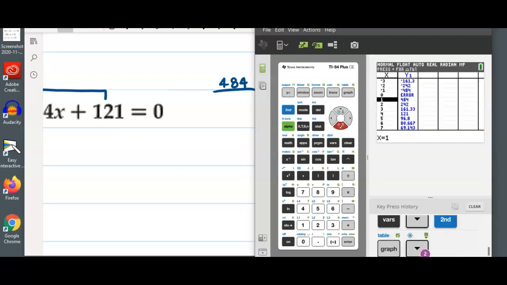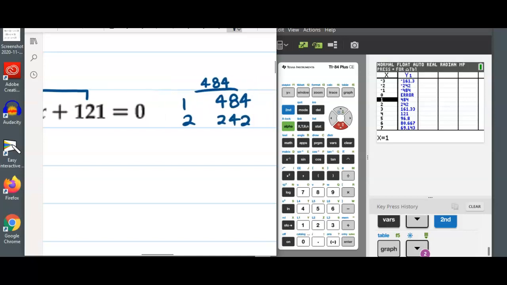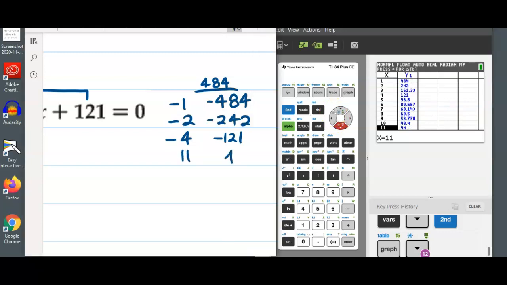So 1 and 484, 2 and 242, and so on. Remember, we're trying to get to negative 44, so both numbers must be negative. 3 doesn't work. 4 and negative 121. 5 doesn't work. 6, 7, 8, 9, 10, 11, and 44.